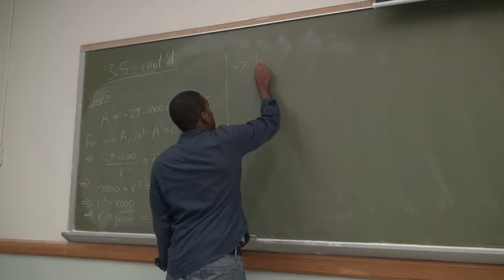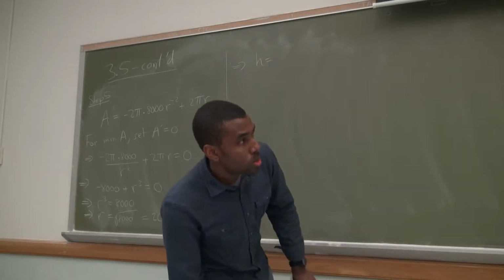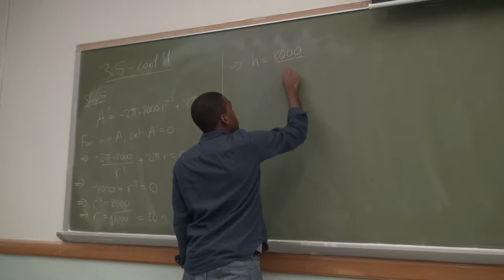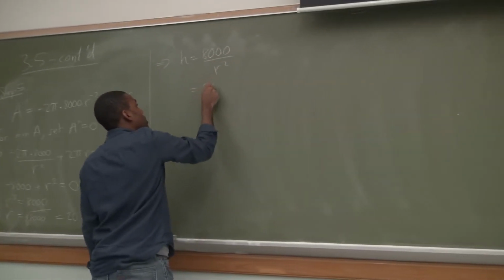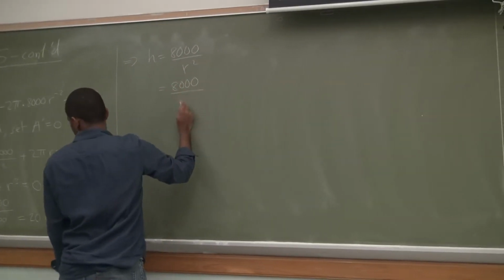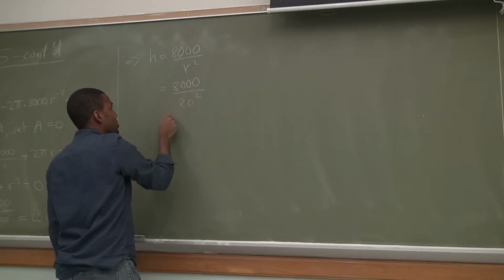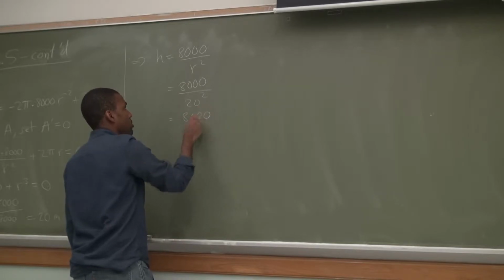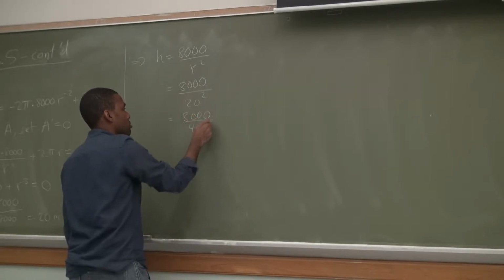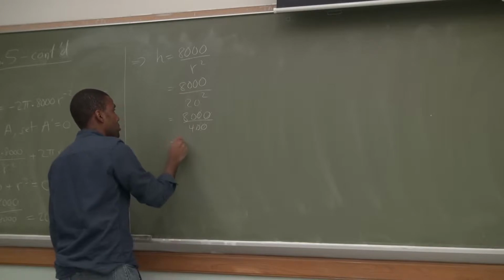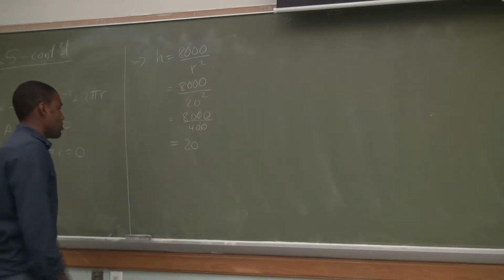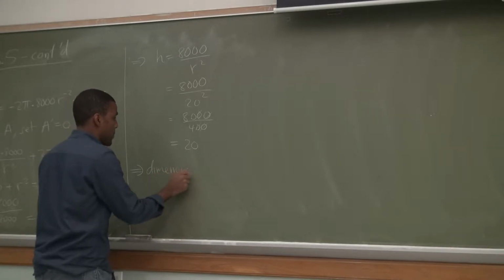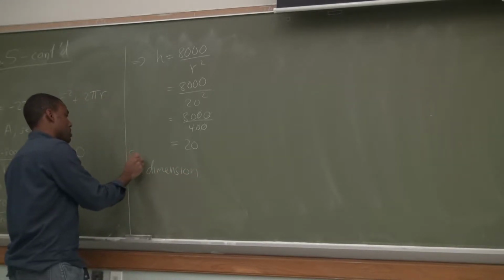We know that h is equal to 8.23 over r squared, which is 8123 over 400. So this is step 6.